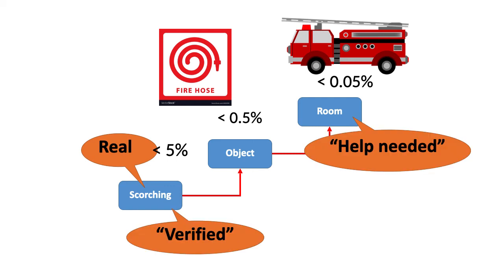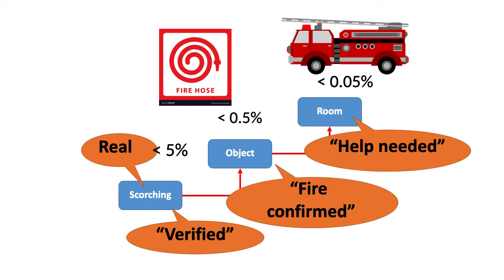So remember, the real alarm or the verified alarm was caused by scorching, and only two steps later the fire service help is needed. Well, I can introduce a stage in between where one could say that the fire was confirmed, so there's really an object on fire.